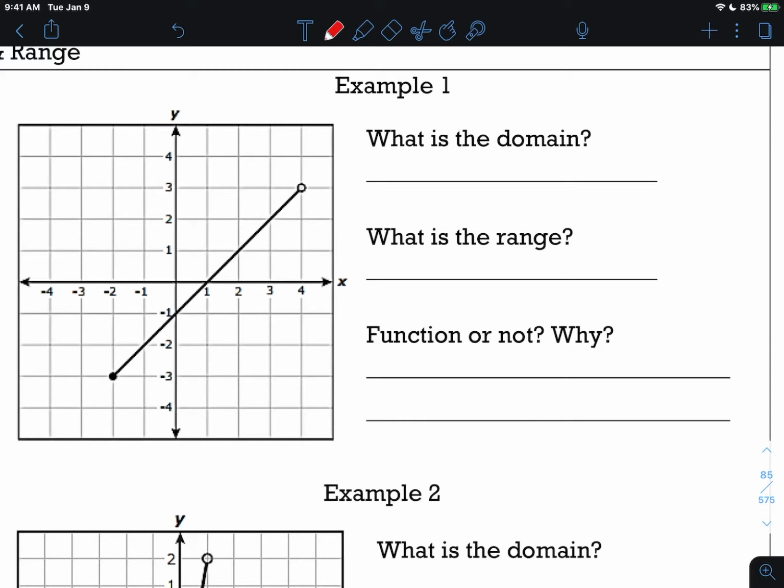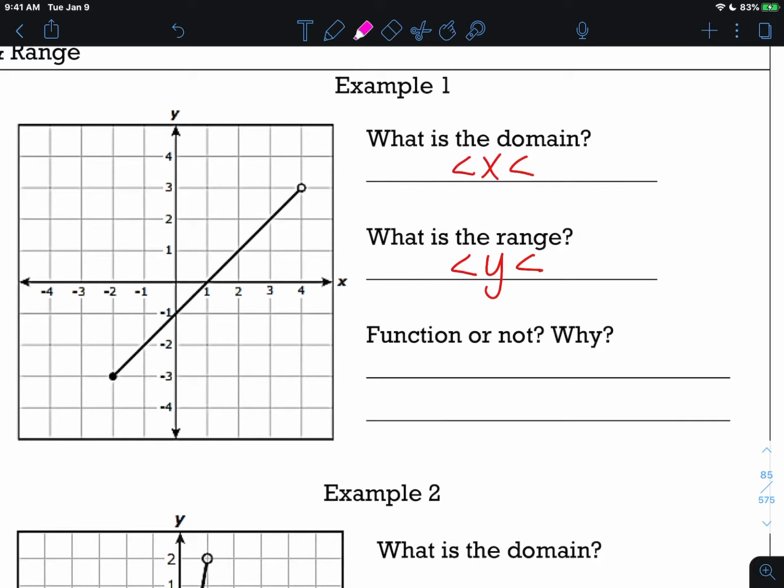So I'm going to have to ask myself, what's the domain? What's the range? Some people use ID cards, some people use their pencils, other people use rulers. Totally fine, whatever you want to use, but I'm just going to draw lines to show you, okay?